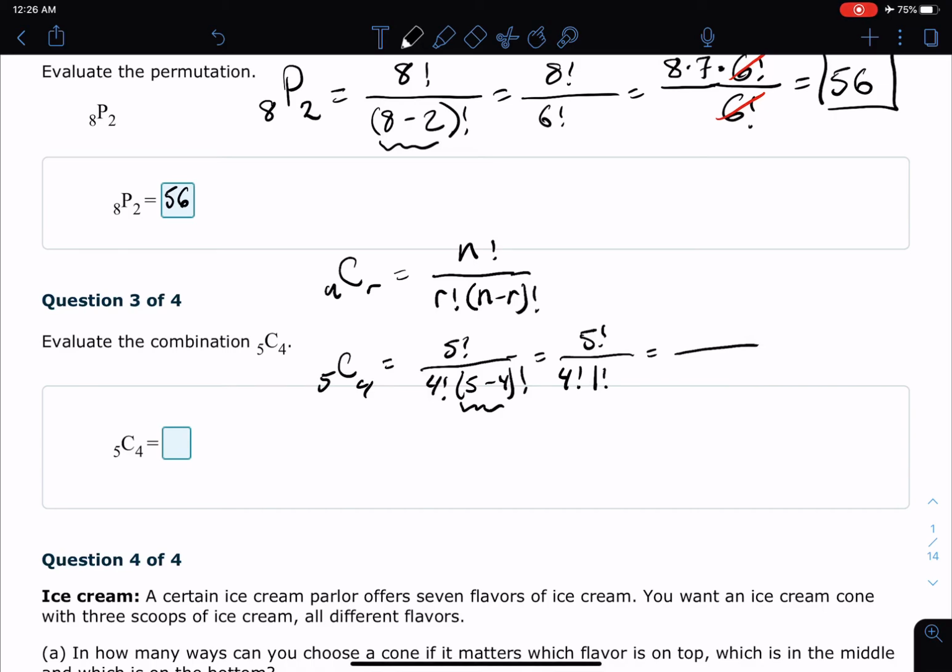Let's set this up for reducing. 5 times 4 factorial is up top. Notice I've got a 4 factorial, and also a 1 factorial, which is just multiplied by 1. You see the common factors that we're going to reduce. So reduce your common factors, and we're left with 5 over 1, which is just 5. So when we have a combination of 5 choose 4, we just get 5.